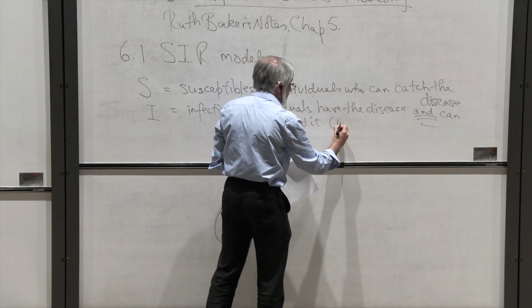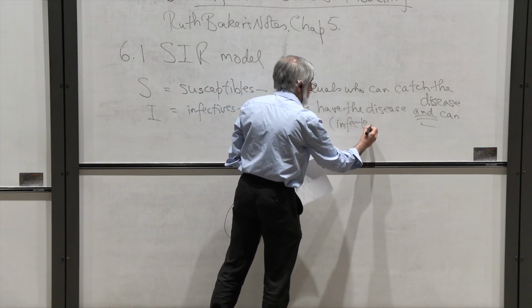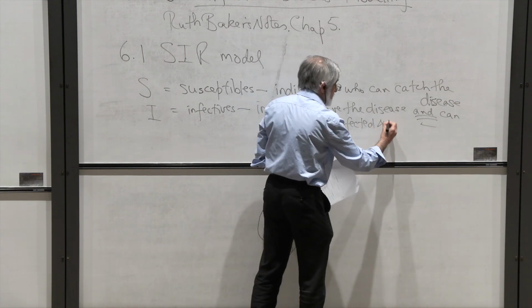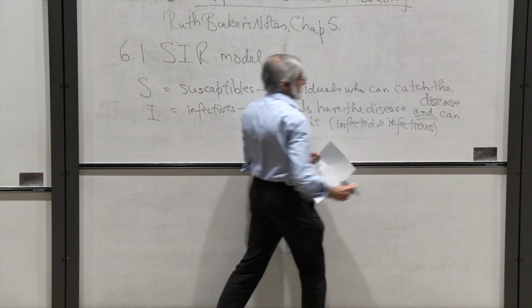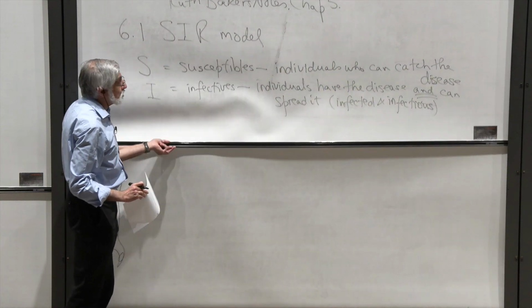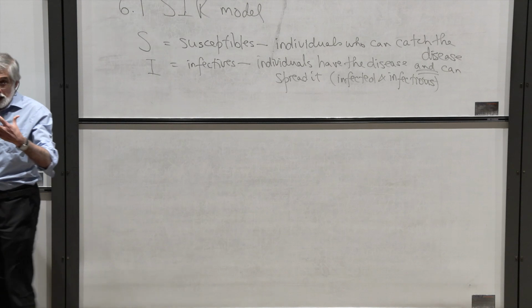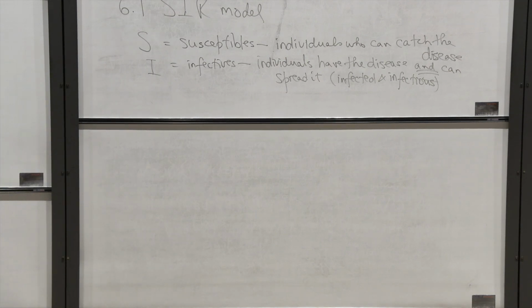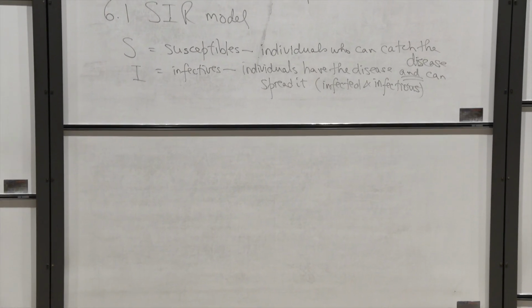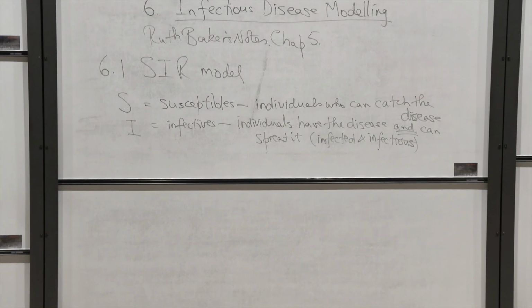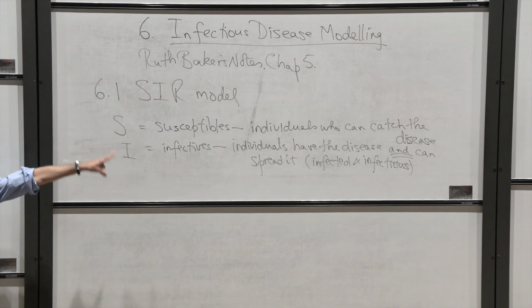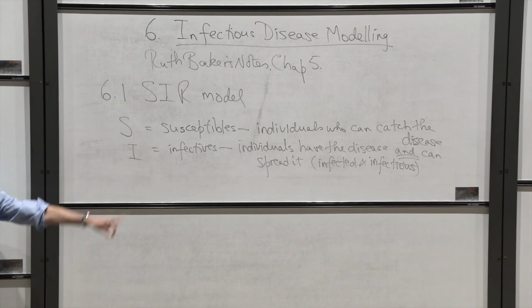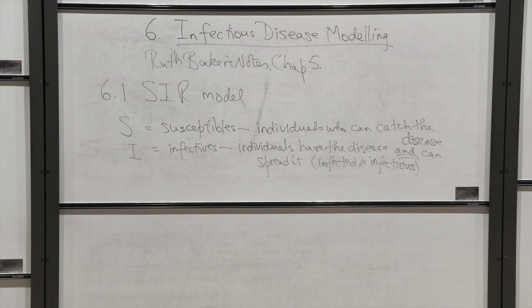So they're infected and infectious. Because as you know, with most diseases, you get infected by the disease and there's a delay before you can transmit it. So you could write down a delay differential equation here, but we're not going to do that. We're going to assume that as soon as you get the disease, you can pass it on.